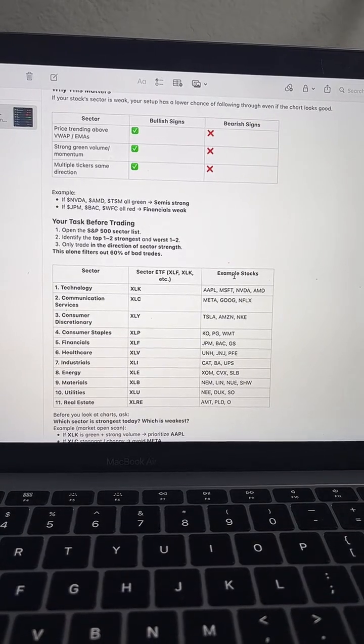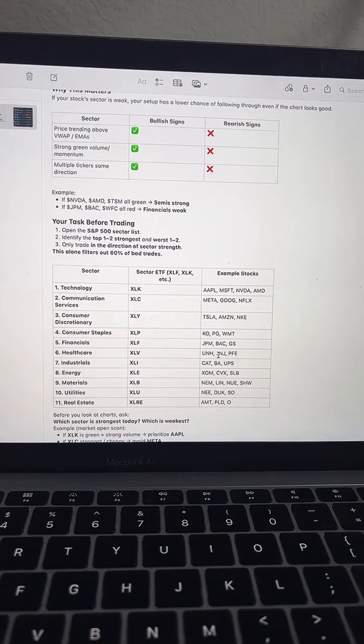Now some examples of stocks. In tech, there's Apple, Microsoft, Nvidia, AMD. Communications, you have Meta, Google, Netflix. Consumer discretionary, you have Tesla, Amazon, Nike. Consumer staples, I think that's Kroger, Procter & Gamble, Walmart. Financials, JP Morgan, Bank of America.